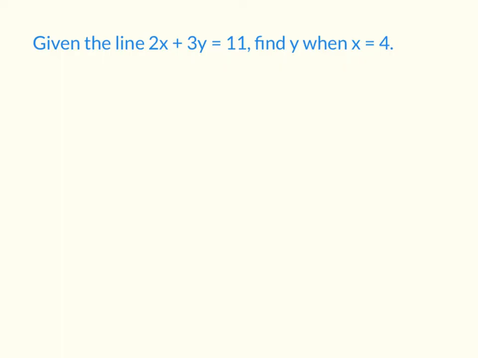We've substituted values before, so if you were given this problem, given the line 2x + 3y = 11, find y when x equals 4, we could simply take our 4 and substitute it in for the variable x. We're allowed to do this because we know that x is the same thing as 4.